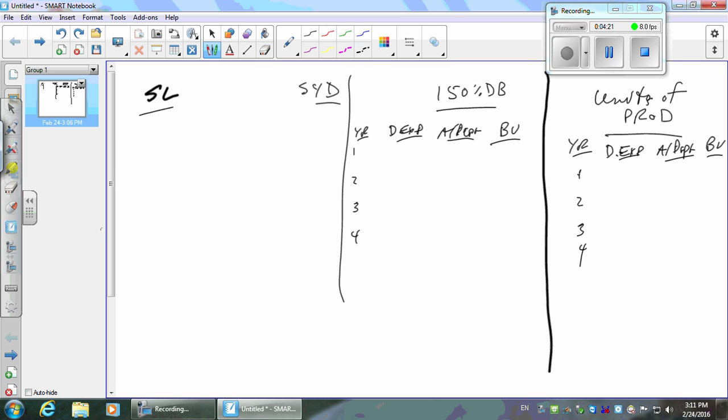Something like that. Depreciation expense. Accumulated depreciation. Book value. Okay, so we'll do 4 columns. Do the same thing here.